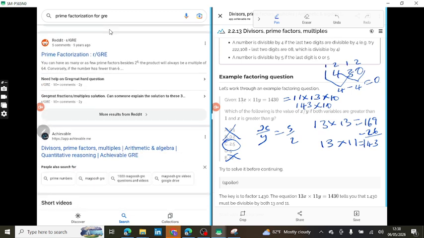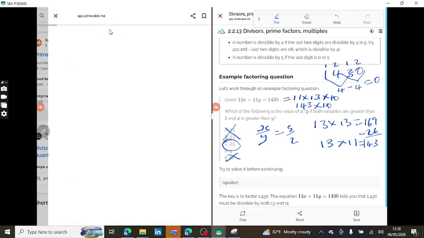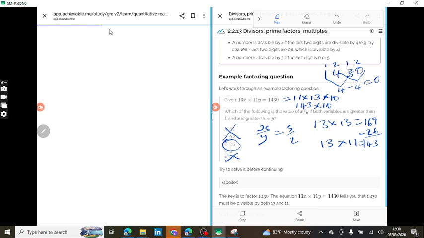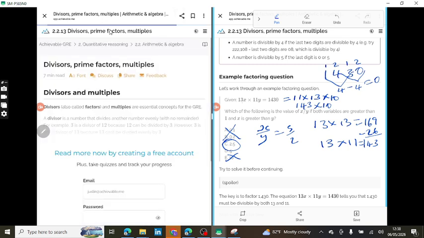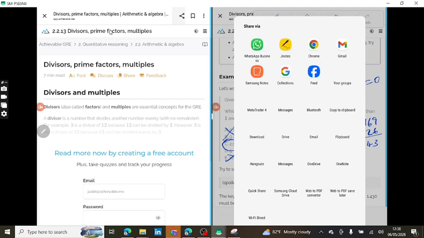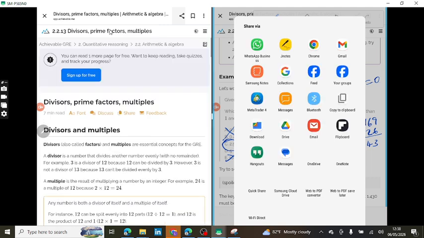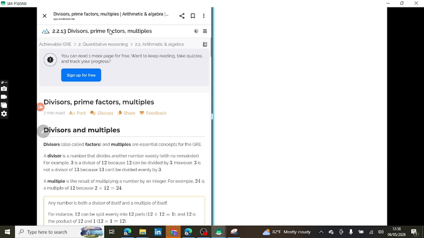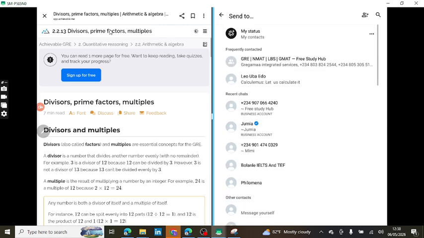Of course, not that we are selling their sites. Okay, so I am going to send it direct to the group. Why is it not sharing? Just send it to the group so you can access it.